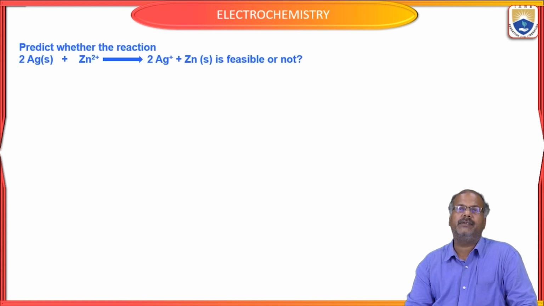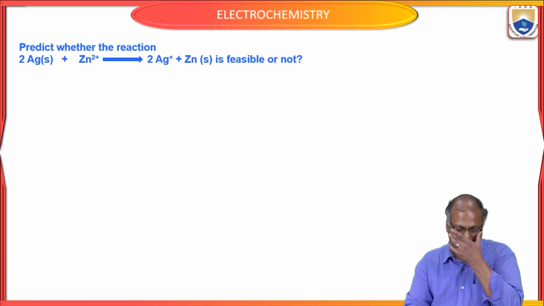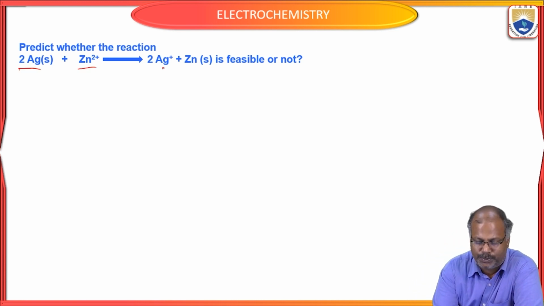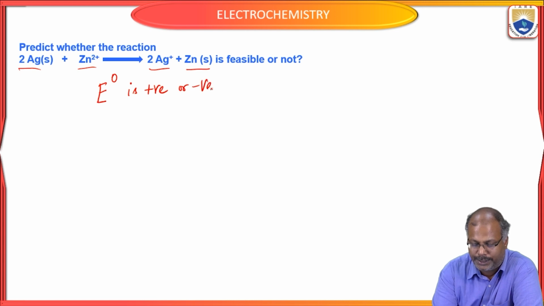Next, predict whether the given reaction, Ag plus zinc 2 plus gives 2 Ag plus zinc, is feasible or not. So, just now in the application of the EMF series we have seen, we have to check whether the EMF of the cell reaction is positive or negative.